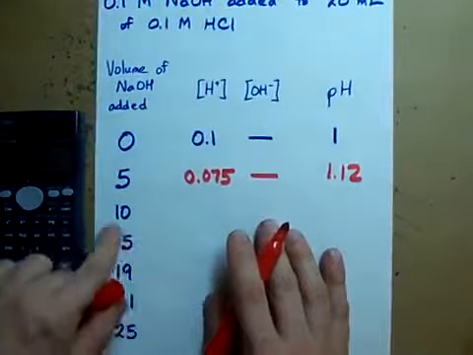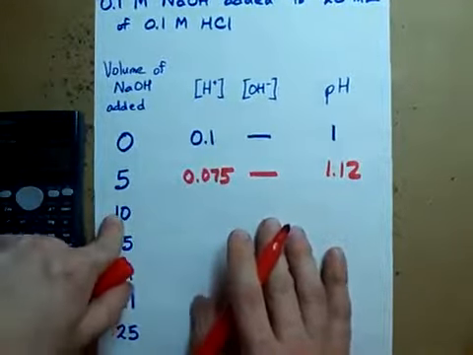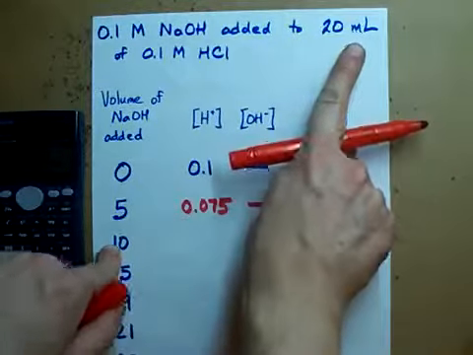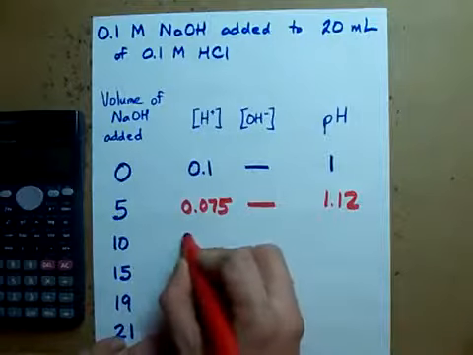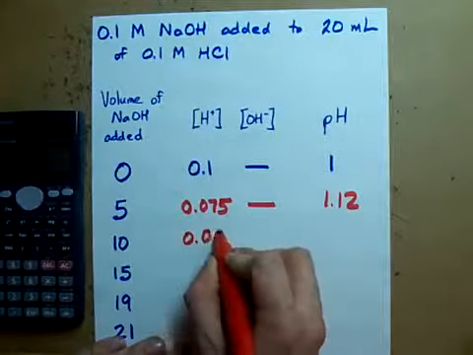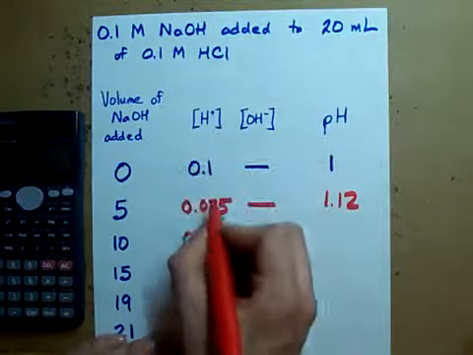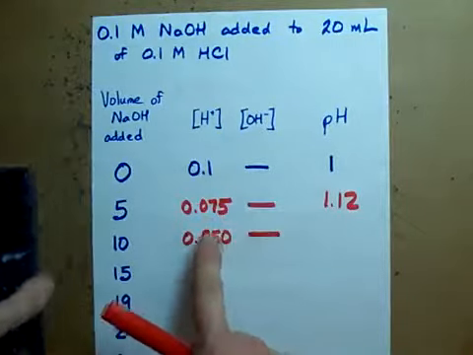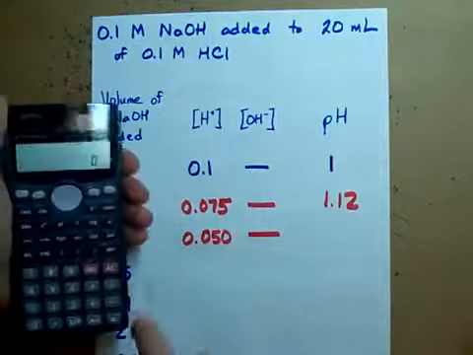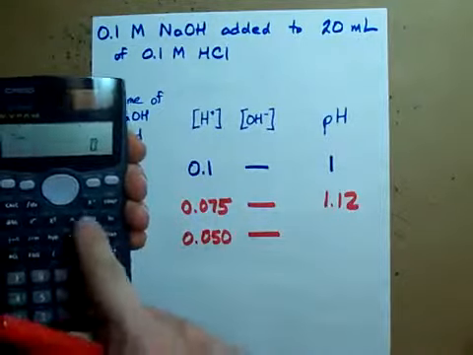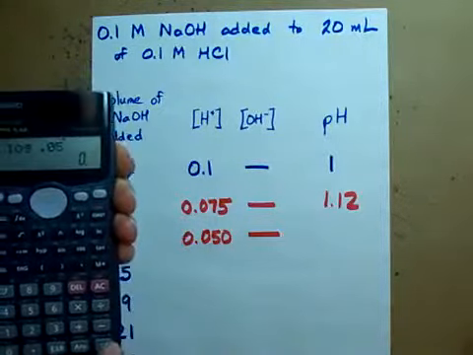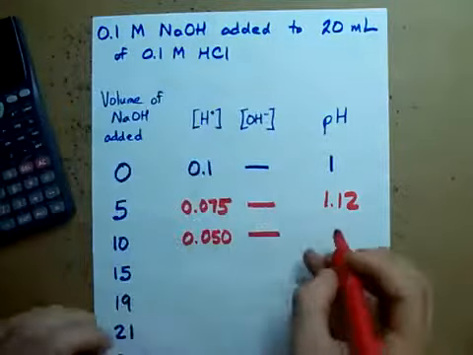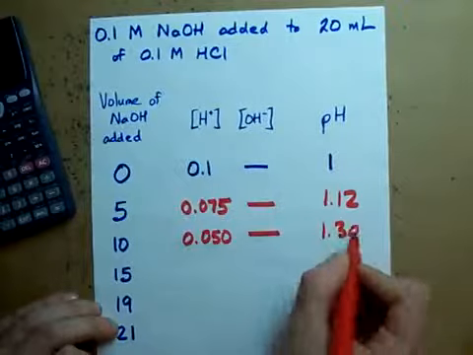What happens if I add double that amount of base? I'm titrating away half of my acid. Let's say I have half of the H plus left over. There's still no OH minus because my H plus is still really high. My pH is negative log 0.05. My pH has gone up to 1.3. Ooh, rising.